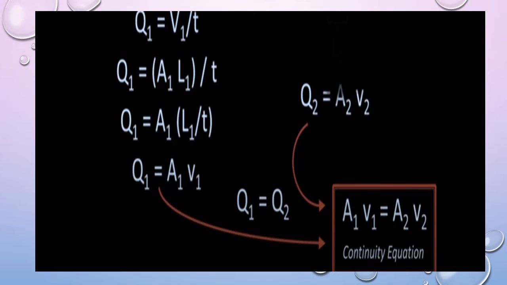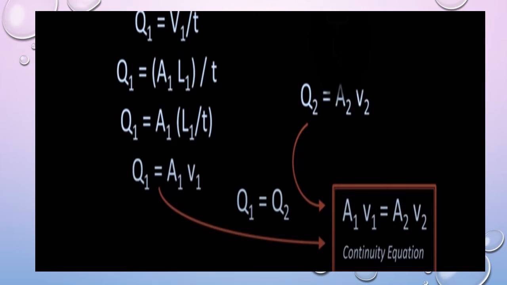That gives L1 over T is equal to V1, the velocity of the fluid flowing through the inlet on the left hand side. So the equation becomes Q1 is equal to A1 V1. This means the flow through cross section 1 is equal to the cross-sectional area of section 1 times the velocity of the fluid moving through section 1.